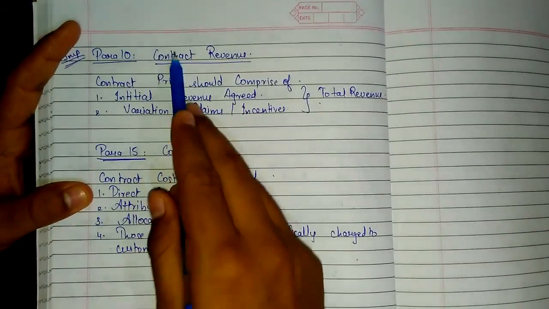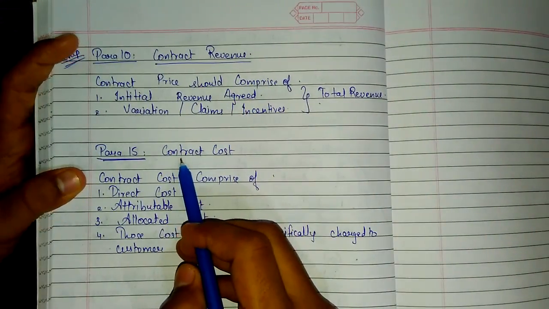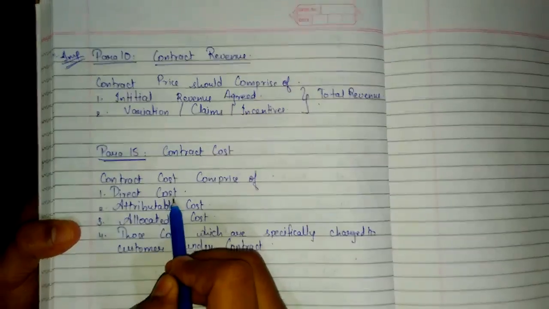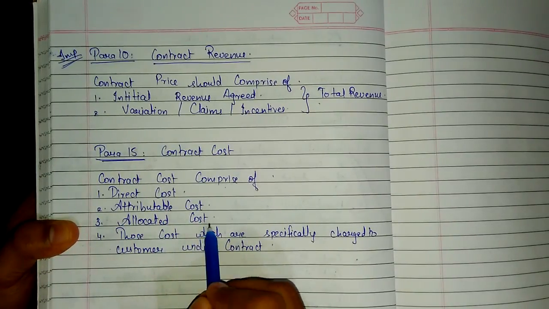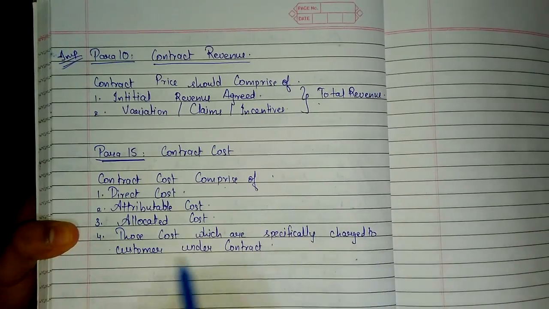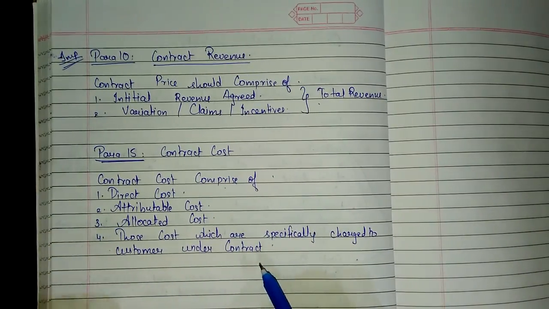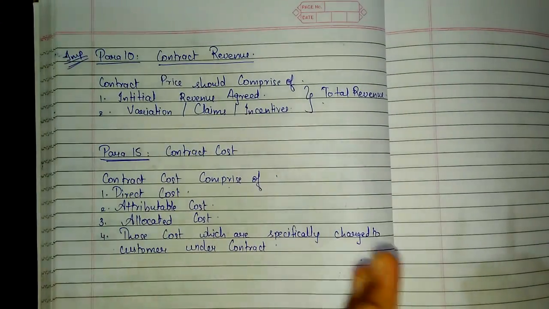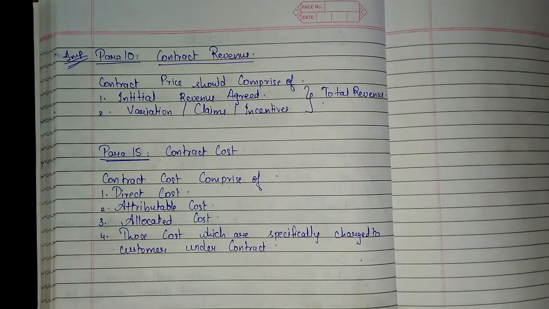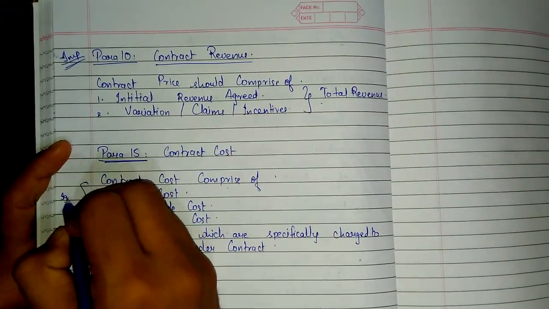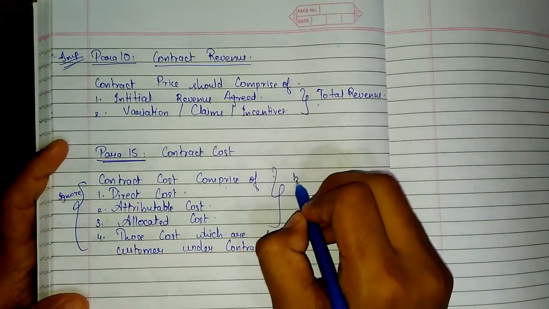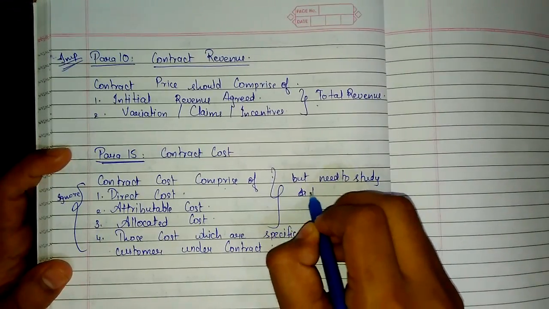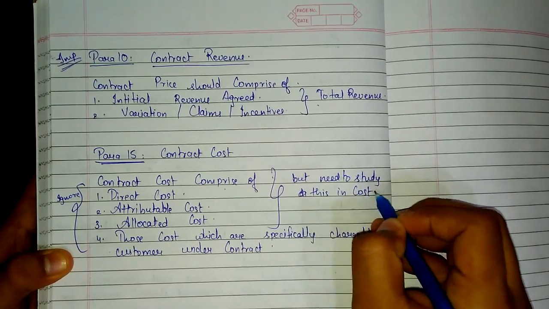So para 15, since we have studied contract revenue, now we'll study contract cost. What does contract cost include? Contract cost comprises of direct cost, attributable cost, allocated cost, those costs which are specifically charged to the customer under the contract. So this is somewhat we need to ignore, because the cost will be directly given to you all. We have to study this in cost accounting, construction contract. Okay, so I'll write ignore over here, but need to study this in cost accounting.